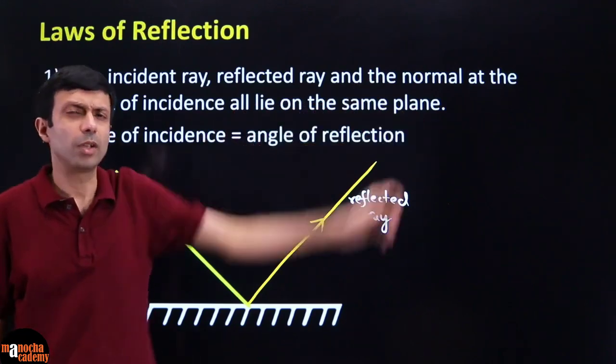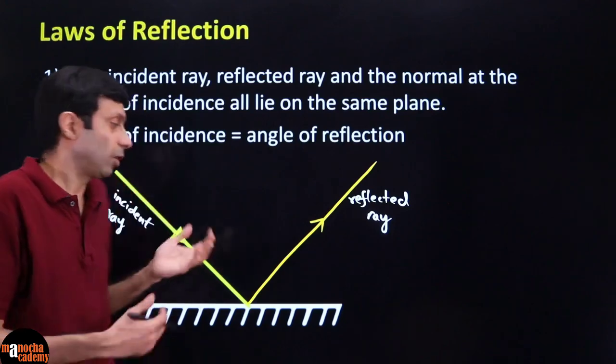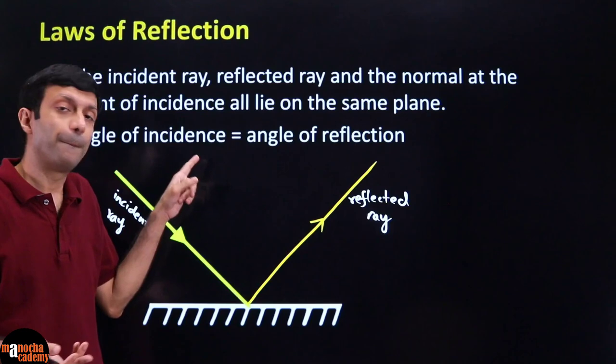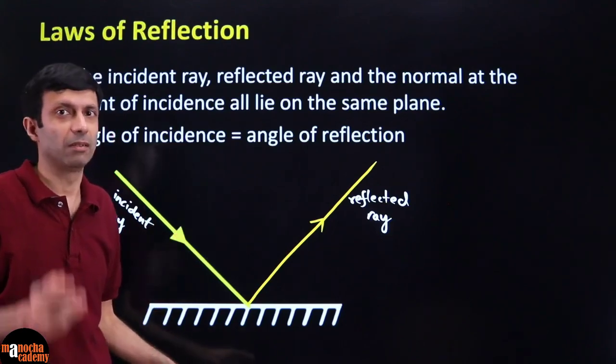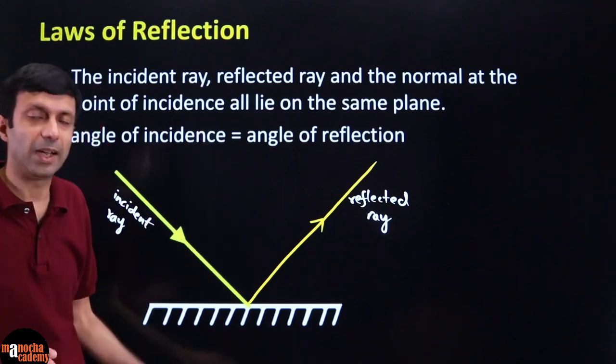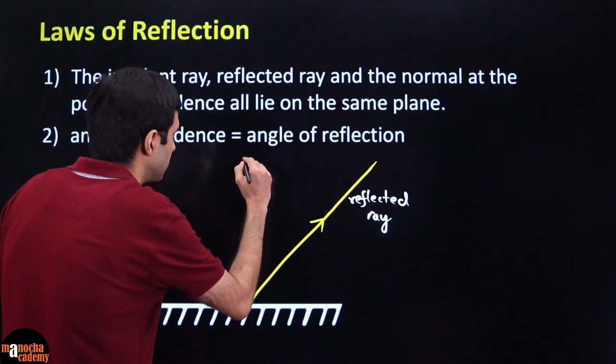And the normal, what is the normal here? Normal means it's not a ray, but an imaginary line that is drawn perpendicular to the mirror. Normal is an imaginary line drawn perpendicular to the mirror. So let's draw it. The normal will look something like this.